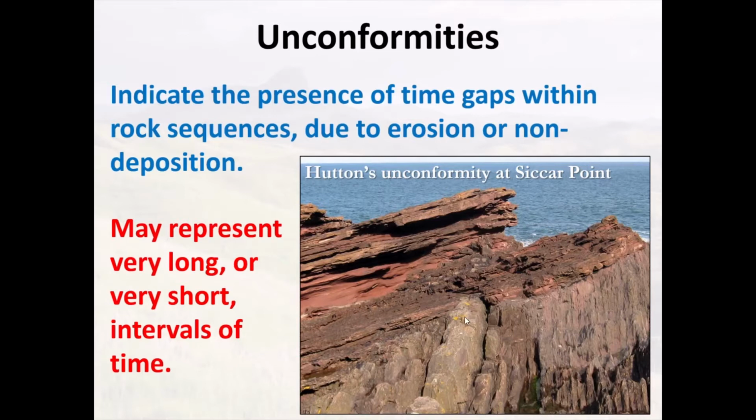So the only way to really interpret this picture is that there must have been a period of time where these sediments in the bottom half of the picture were deposited. Then over millions of years these sediments, after being deposited, were tilted by some sort of tectonic movement.